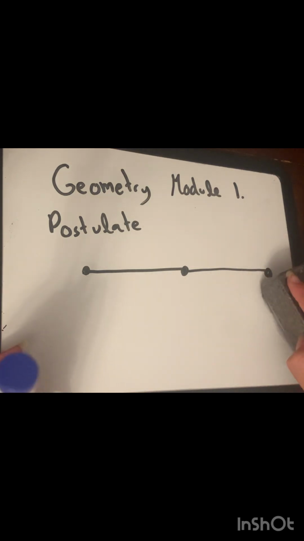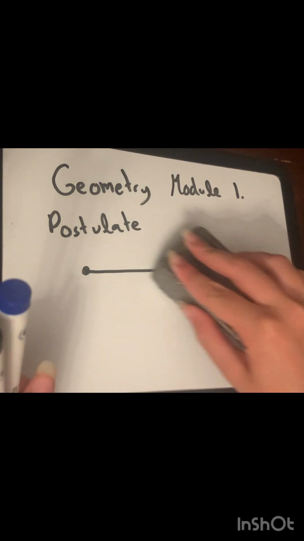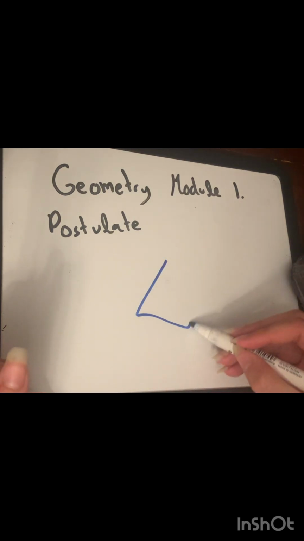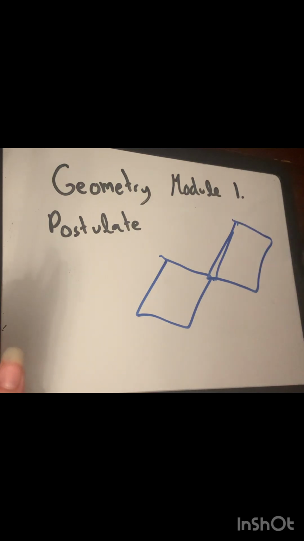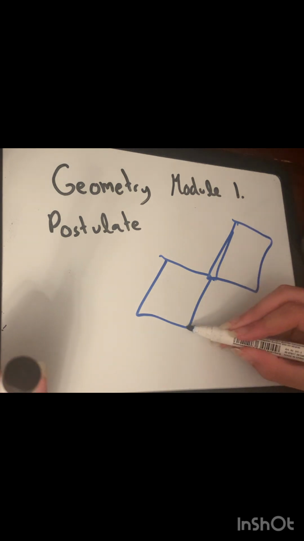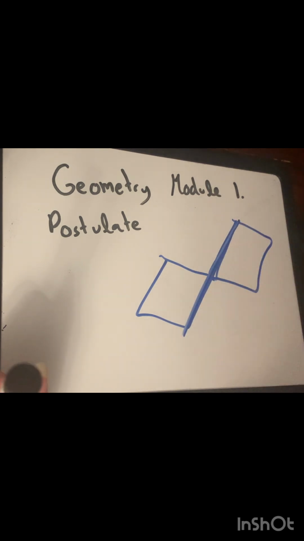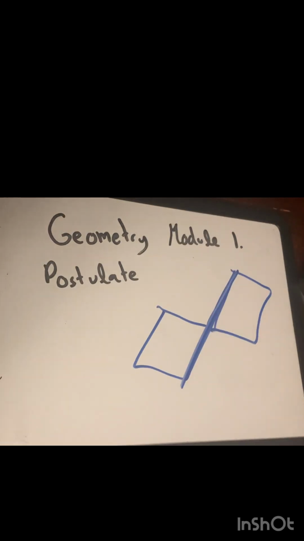The next definition is if there's 2 distinct planes that intersect, right? They intersect in exactly 1 line. Is that true? Yes. I did a bad example.